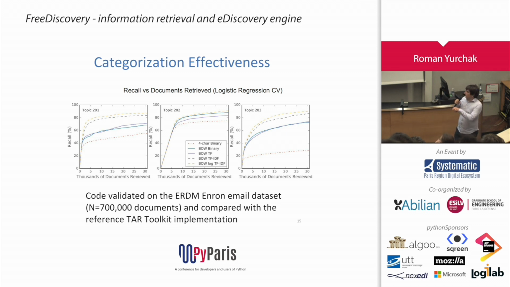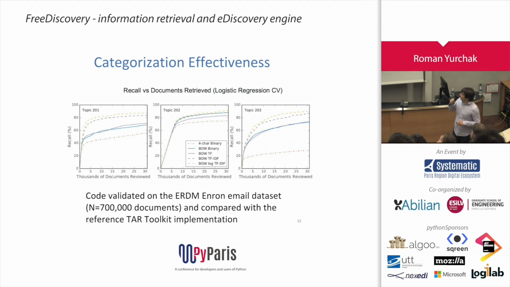By the way, this one used the Sofia-ML library, which is a C++ library developed by Google, and had some bash processing scripts. So when we started to work on FreeDiscovery, we implemented this in Python. That was the first step in this project.